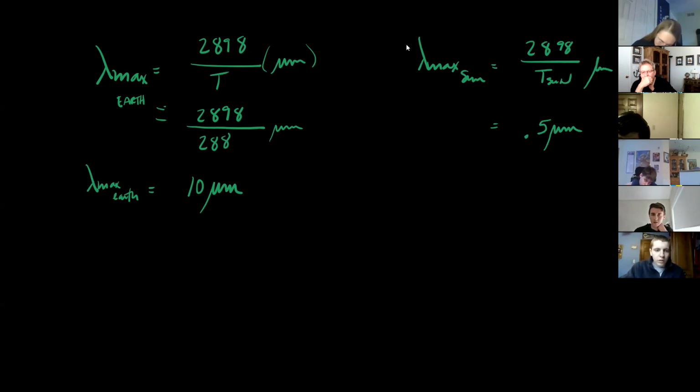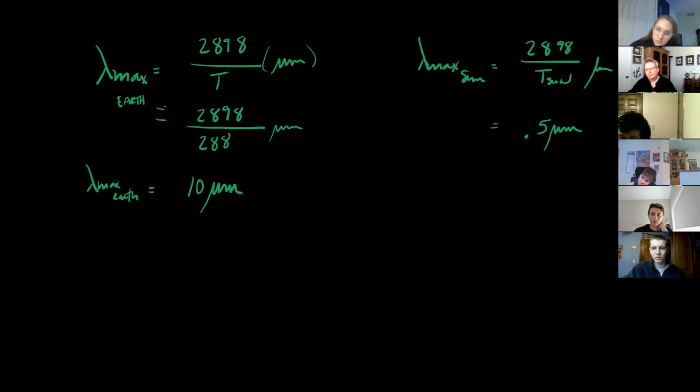So the sun is 20 times warmer than the Earth. The max wavelength is equal to 2,898 divided by the temperature.